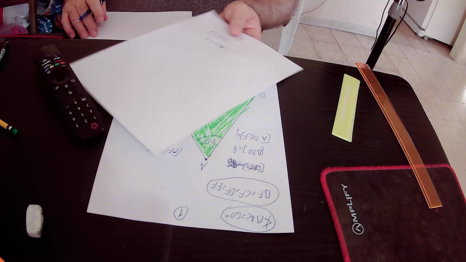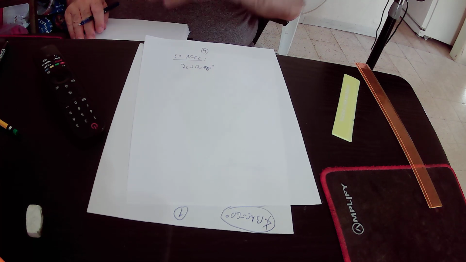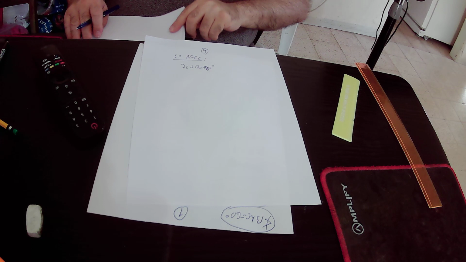Again, in triangle FEC, the sum of the angles is equal to 180 degrees. That is to say, 2C plus Q equals 180 degrees.